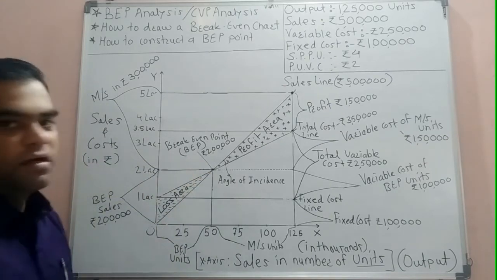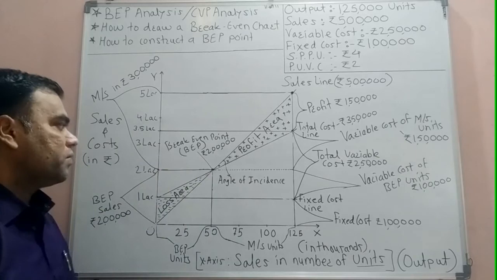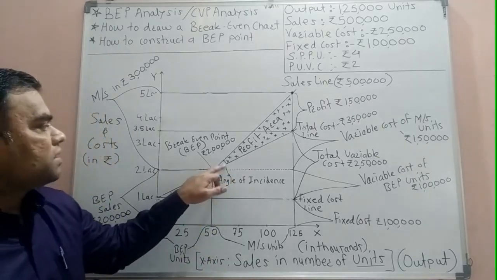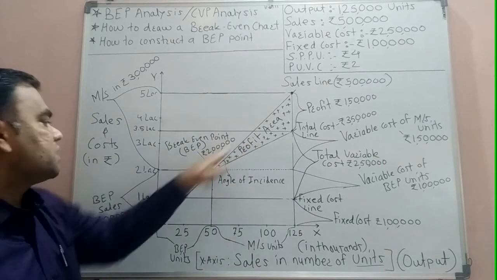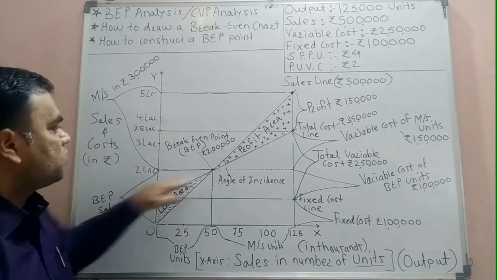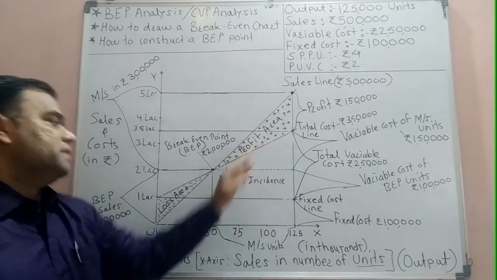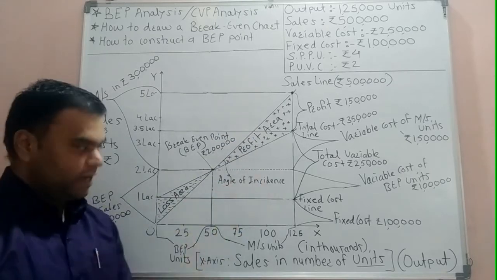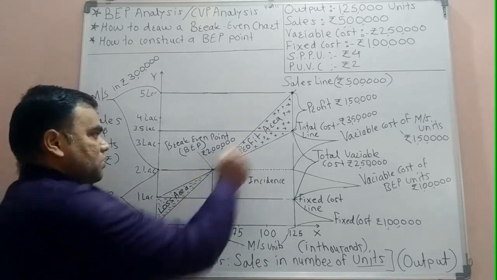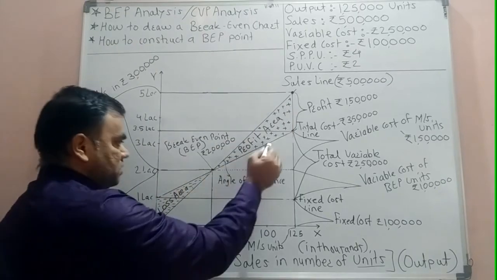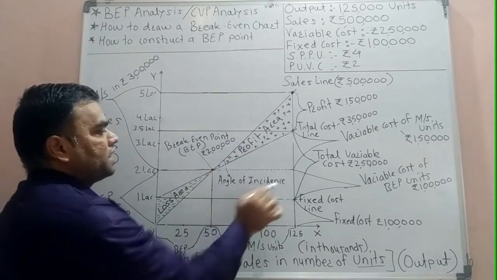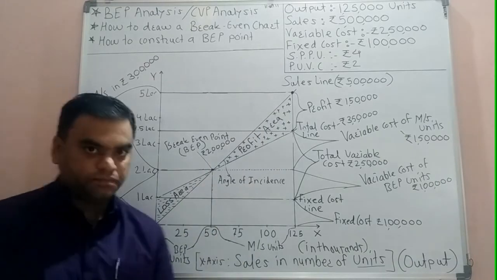That is the break-even point. Now you can see there is one angle. The angle created by the intersection of the total sales line and the total cost line is known as the angle of incidence.